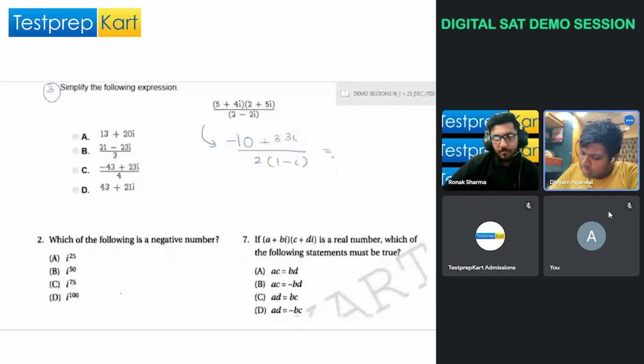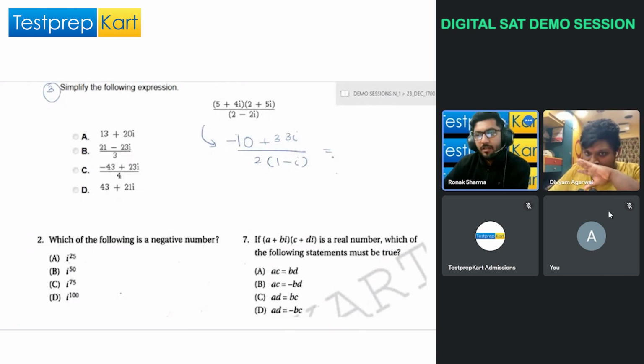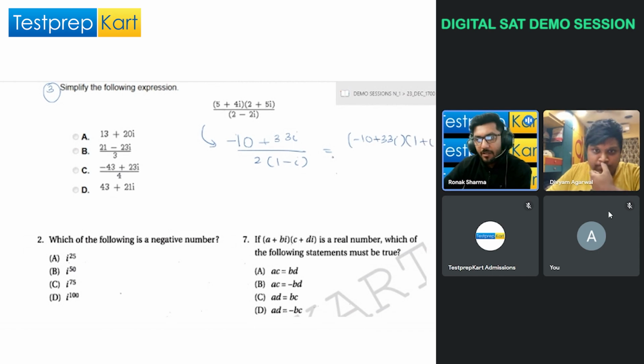If we take the product, 5 times 2 is 10, then minus 20, so minus 10 plus 33 iota. Are you getting the same thing? Yes. I've taken 2 common, 1 minus iota, so that now we know minus 10 plus 33 iota times 1 plus iota, and then we have here 2 plus 2.